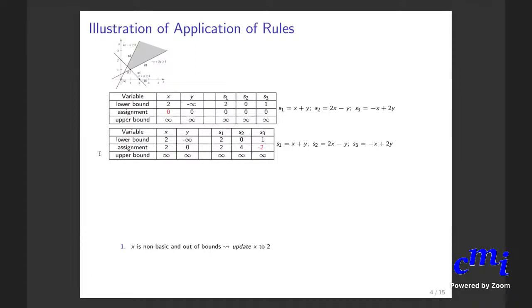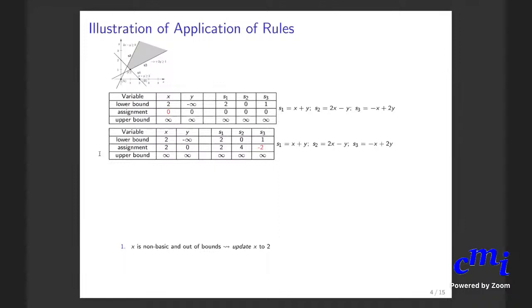There's a slight modification. Either I introduce S4 and then start my pivot and update, or a slight change I'm doing is, as a first step, you just get the program variables to their bounds. And that's what I'm doing here.